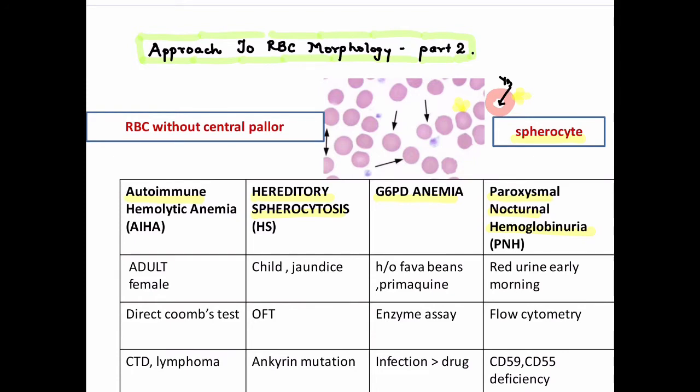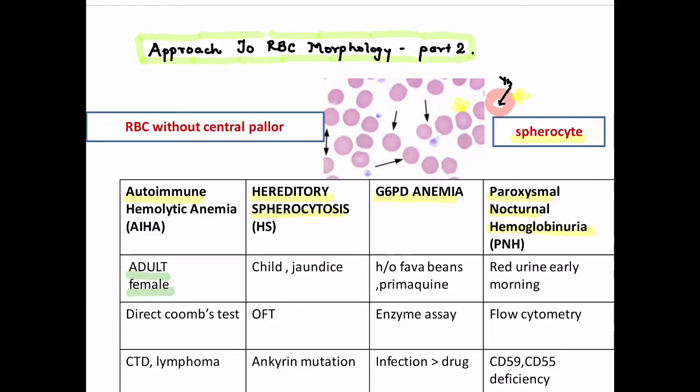Okay, so think of these four diagnoses when you are having this smear. Don't think of only hereditary spherocytosis, just because spherocyte is there already in the name. So which diagnosis will you go for if all four are there in your options? A very simple key I'm giving you. If the examiner is discussing an adult and preferentially female, then think of AIHA.